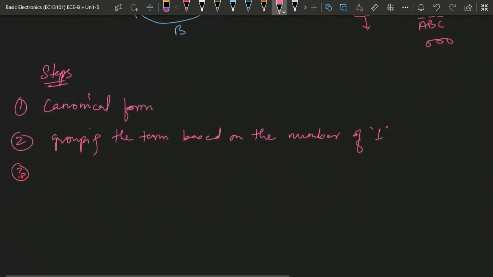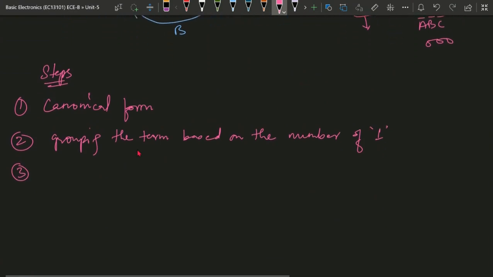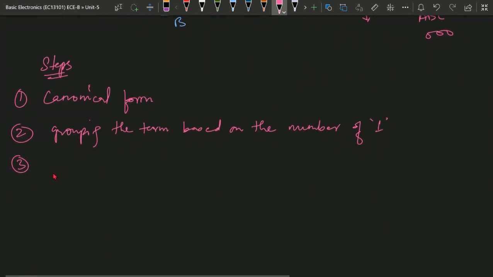Third step is doing the grouping of the min terms. Now we will be comparing one term of one group with terms of the other group.